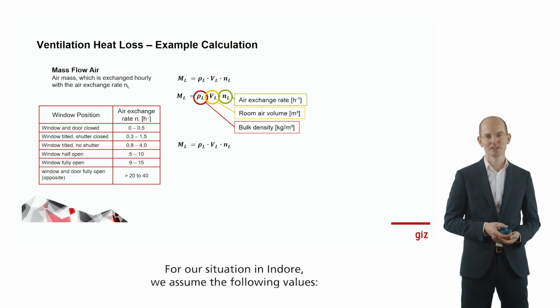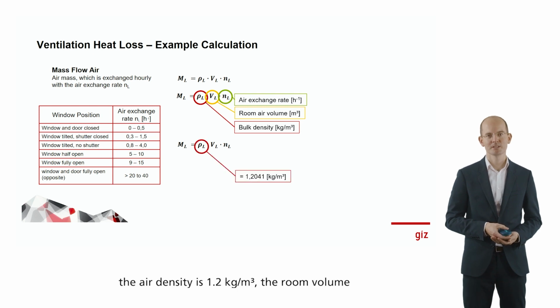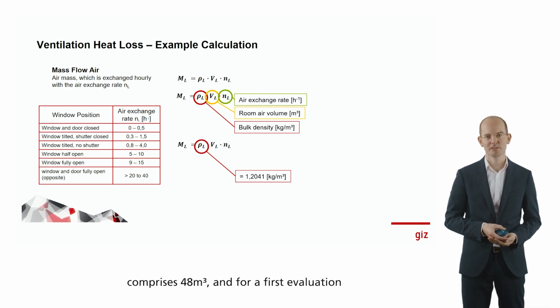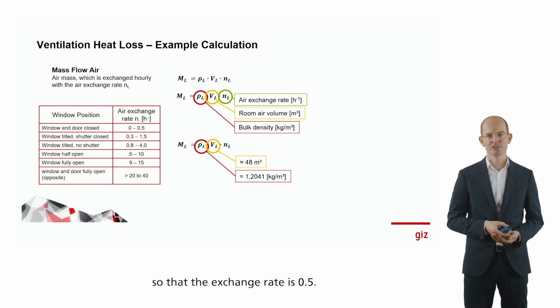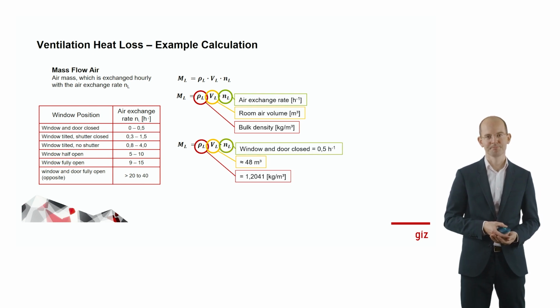For our situation in INDORE, we assume the following values. The air density is 1.2 kilograms per cubic meter. The room volume comprises 48 cubic meters. And for the first evaluation, we assume that all windows and doors are closed, so that the exchange rate is 0.5.